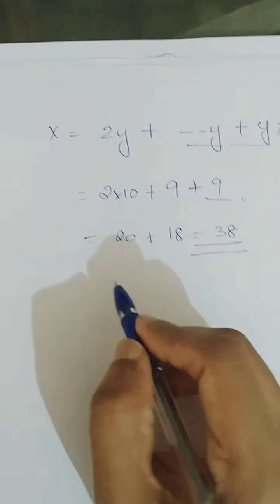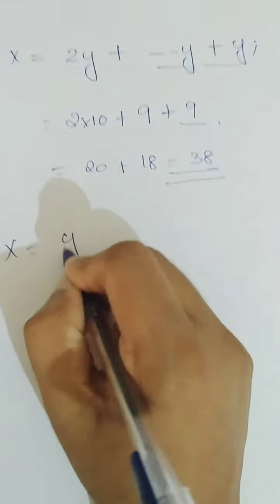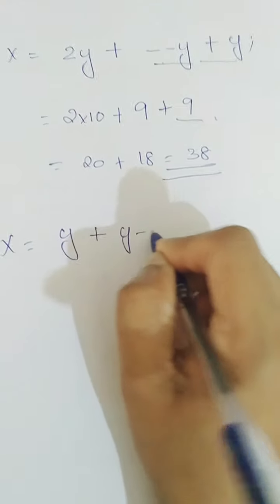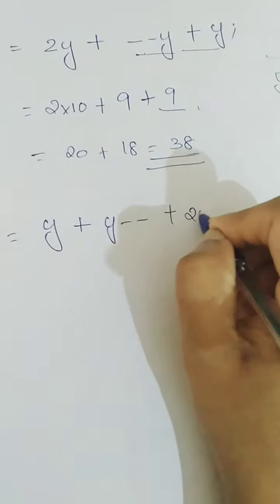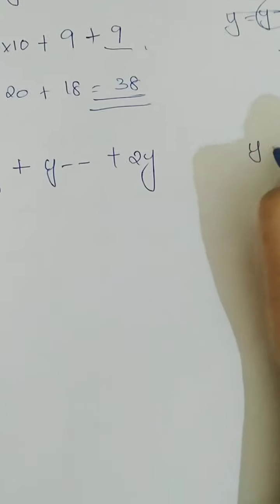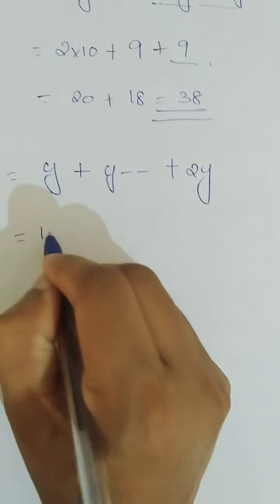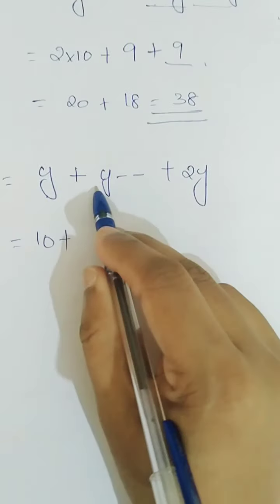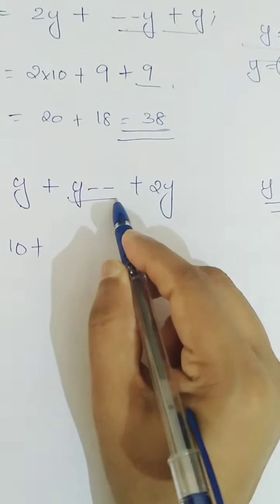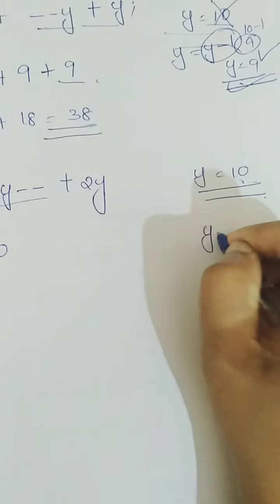I will give you another example. X is equal to, same, we will do y plus y minus minus plus 2y. Postfix. We'll see, y is equal to 10, same value. So x is equal to 10 plus y minus minus. It is a postfix, so first it will use the value. So its value is 10 and then only it will make changes.